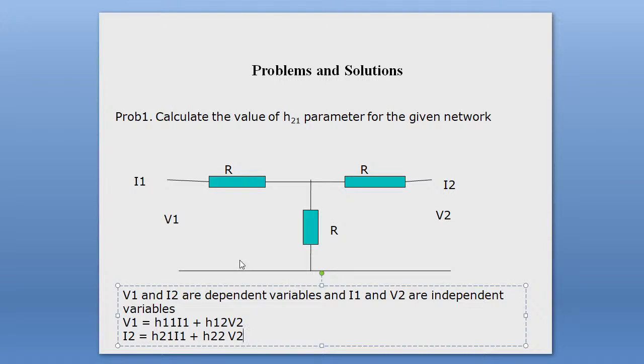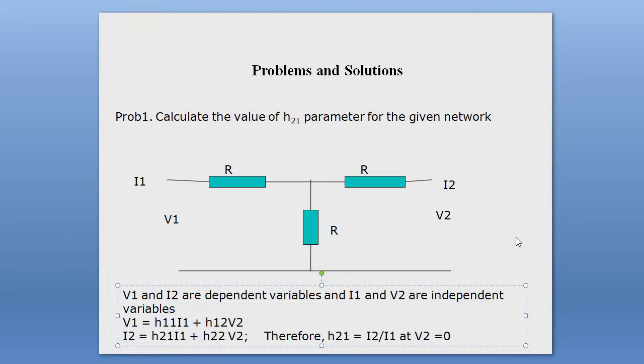Now our objective is to calculate the value of H21. So from this we can write H21 equal to I2 by I1 at V2 equal to 0.